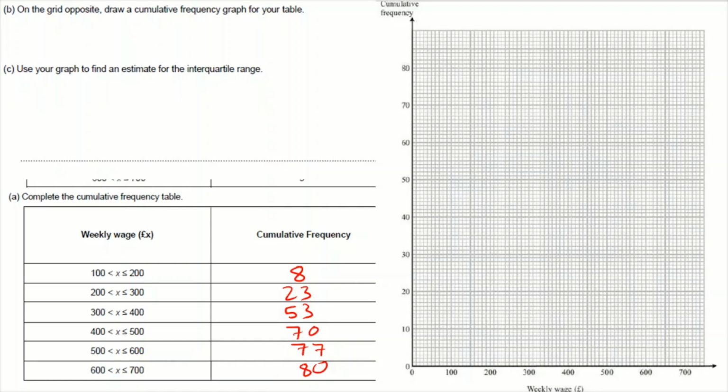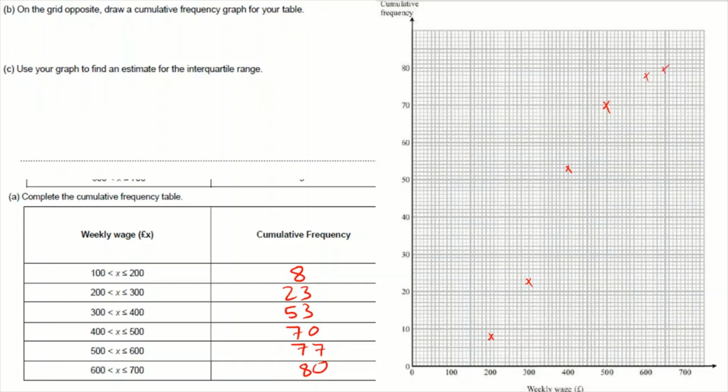To plot our graph, we're going to plot the endpoints, so 208, 323, 453, 570, 677, and 780.